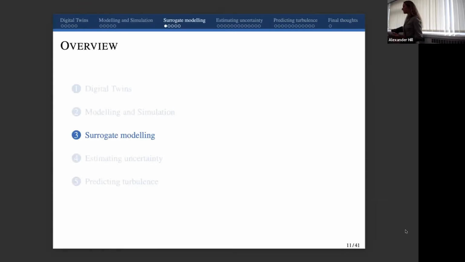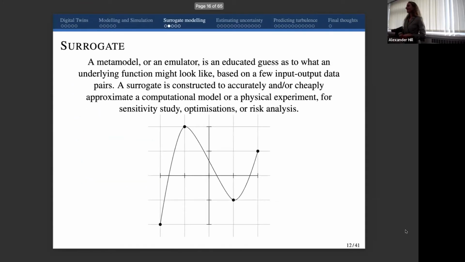So, surrogate modeling, the main subject of this presentation. So what are surrogates? Well, you can think of them as some kind of underlying function that describes the relationship between inputs and outputs, but at the same time, it replaces something else, some other expensive simulator or expensive experiment.